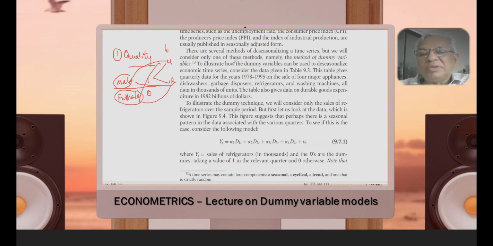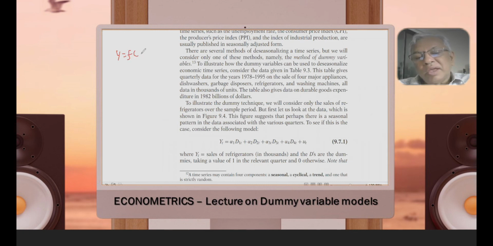And I want you to read this particular chapter because the chapter explains how we actually incorporate dummy variables in our model. So whenever you say y is a function of x2, x3, and many variables, xk, and some of the variables are education, some are religion, season, gender, division in Bangladesh, or districts.